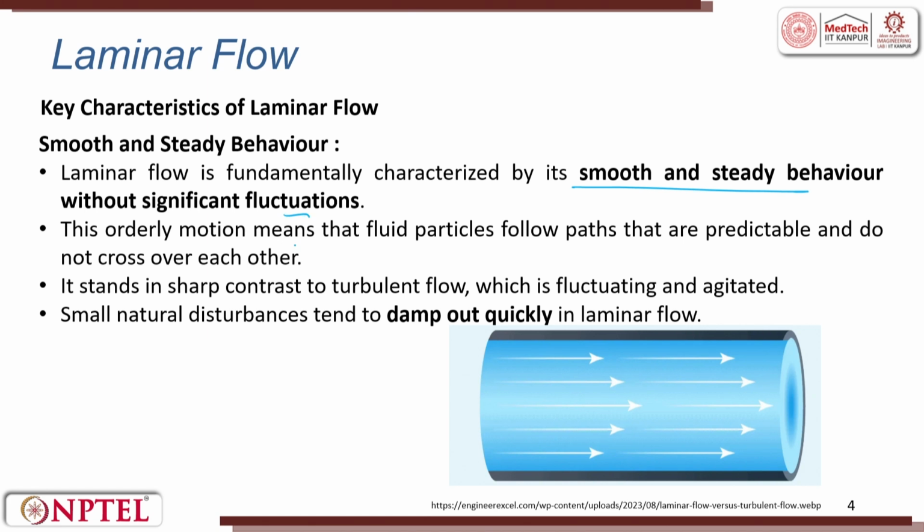This orderly motion means the fluid particles follow paths that are predictable and do not cross over each other. So one particle will always move in this direction. It stands in sharp contrast to turbulent flow, which is fluctuating and agitated. Small natural disturbances tend to damp out quickly in laminar flow.